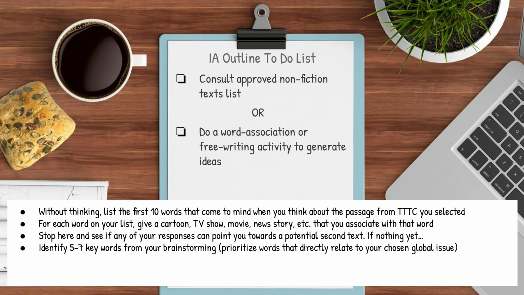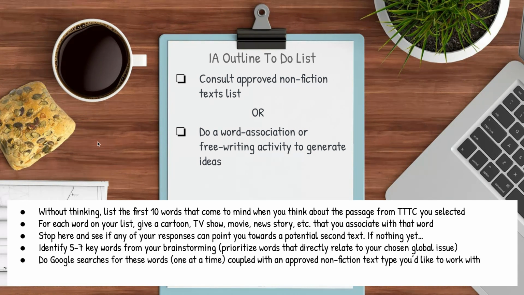When we say keywords, I mean prioritize the words that directly relate to your chosen global issue. If it helps, you can circle them, underline them, or highlight them. And then take those 5 to 7 keywords and do Google searches for them, one at a time, coupled with an approved nonfiction text type that you'd like to work with.